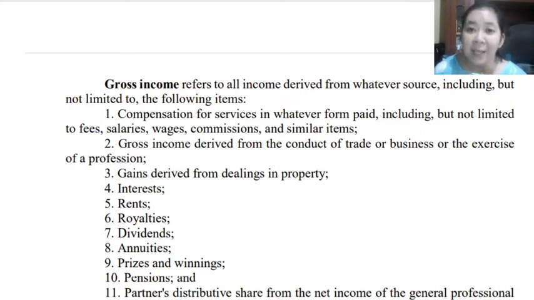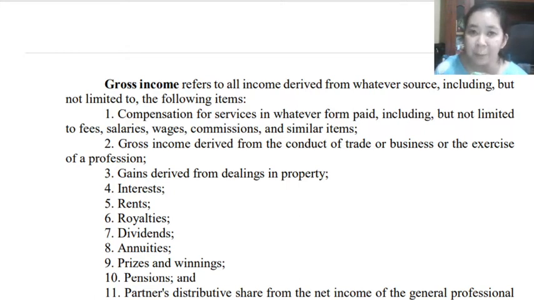First, compensation or salary for the services in whatever form paid, including but not limited to fees, salaries, wages, commission, and similar items. Second, your gross income from the conduct of trade or business or exercise of a profession.